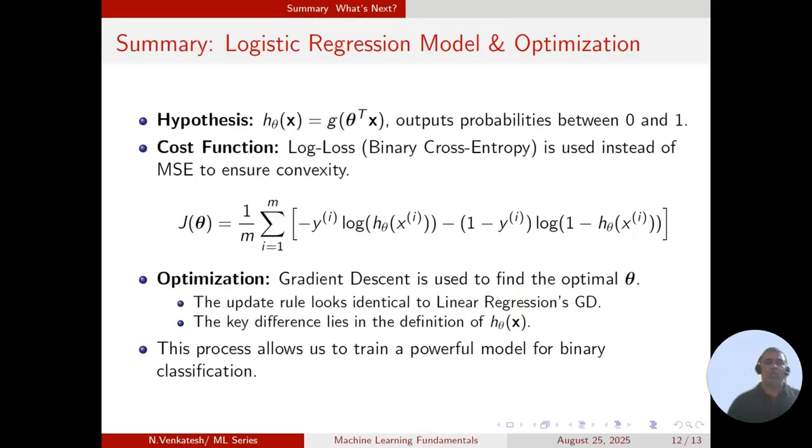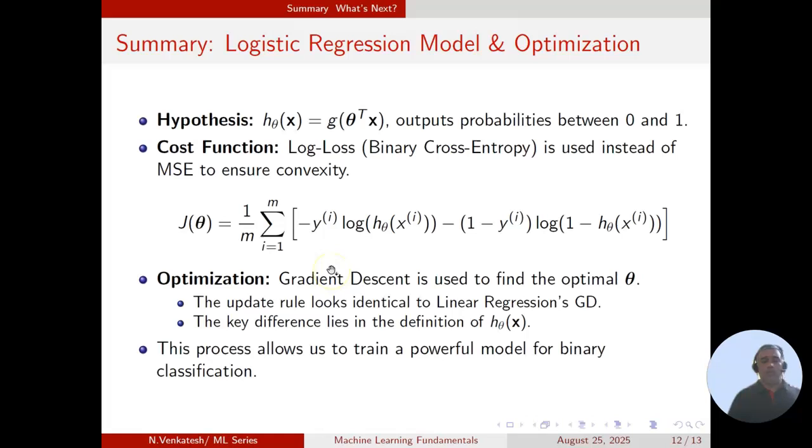So what is the summary of what we have discussed? We have a hypothesis function, that is h theta of x is g of theta transpose x, and it outputs a probability between 0 and 1. We have defined a new cost function called binary cross entropy. We also call it the log loss function, that is 1 by m into sigma i equals 1 to m of minus y i into log of h theta of x i minus 1 minus y i into log of 1 minus h theta of x i.